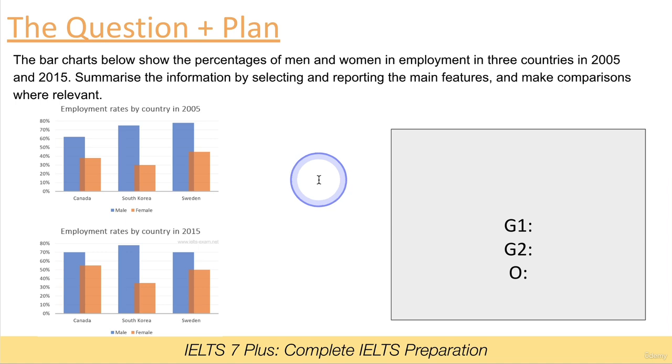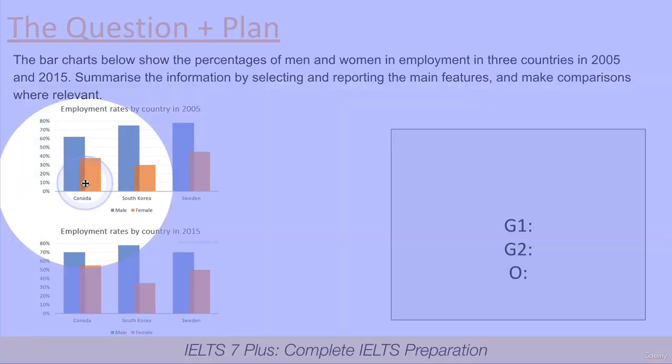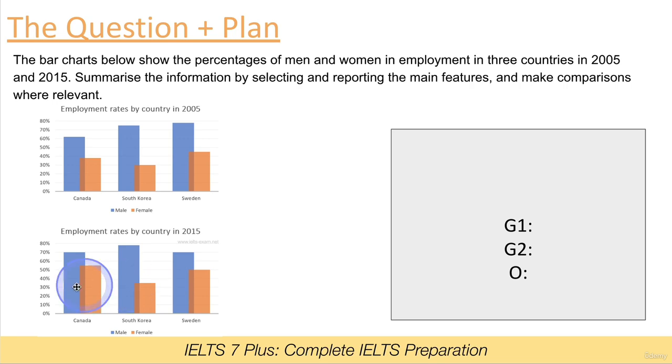Alrighty, so groups. Well, let's have a think about this. You could do the years. So you could report back on 2005 and then 2015. You could do the countries. Perhaps you can group two of them together. I think for this one, I might do male and female.